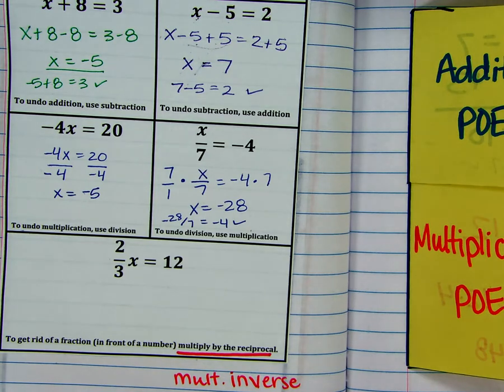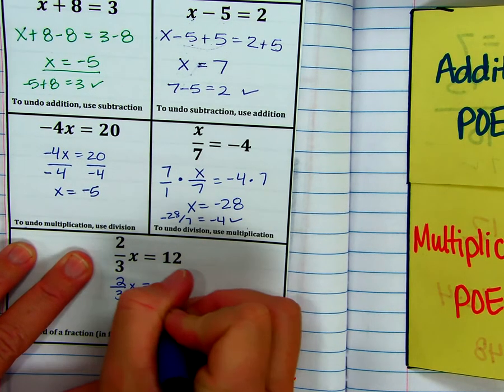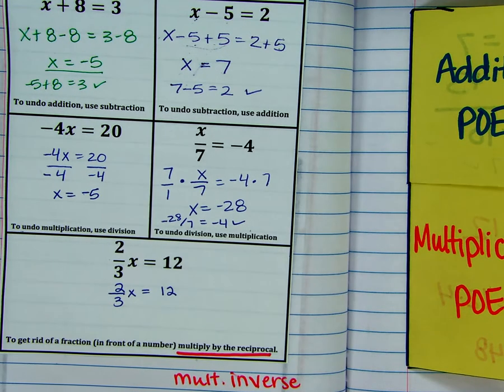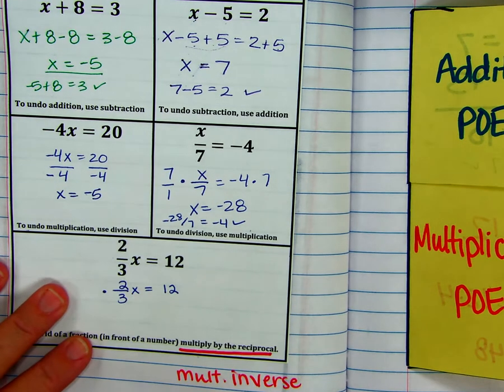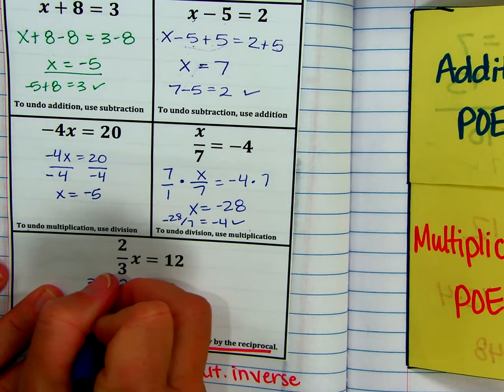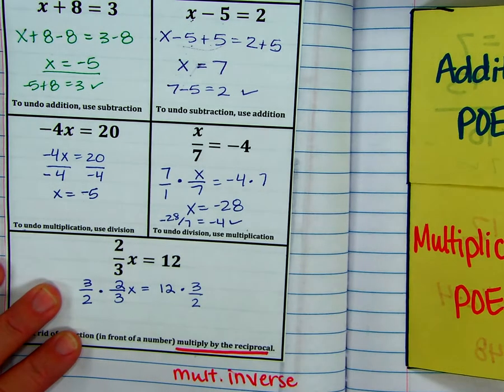So 2/3 x equal to 12. The multiplication property of equality says I can multiply both sides by the same number. In this case, I'm going to multiply by the reciprocal of 2/3. The reciprocal of 2/3 is 3/2, and I've got to multiply that by both sides.